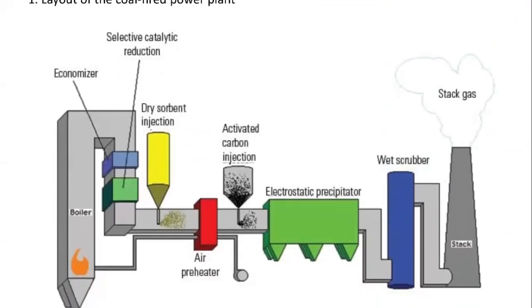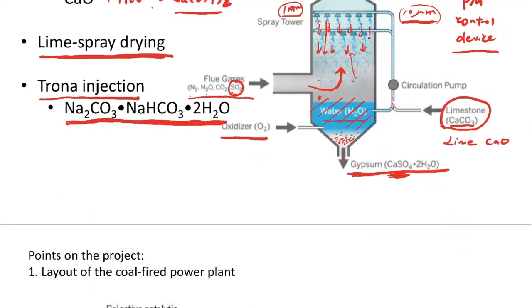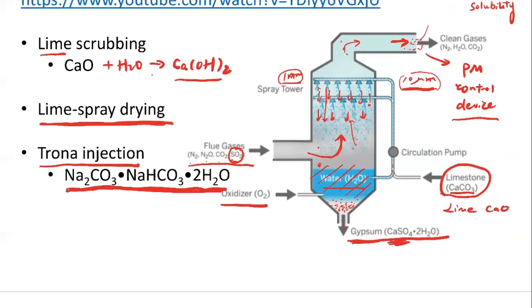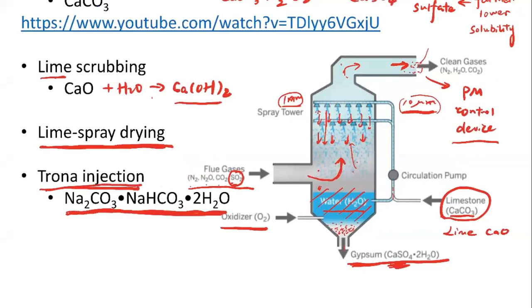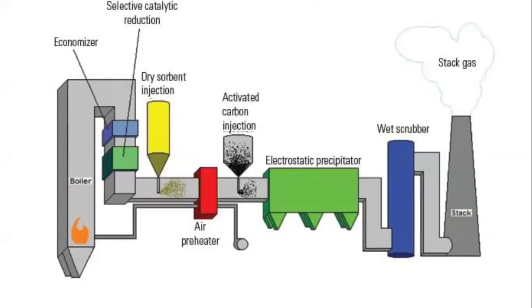So here, basically, I'm listing out the method, the device that we're going to design in the team project, right? So for the trona injection or the dry adsorbent injection, what we're going to do is set up the injection point here, okay? So this is the entire coal-fired power plant system.